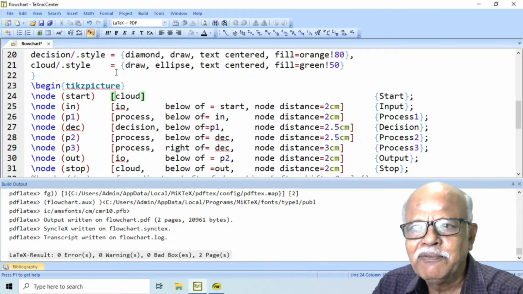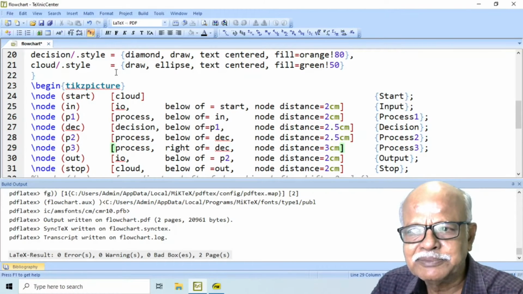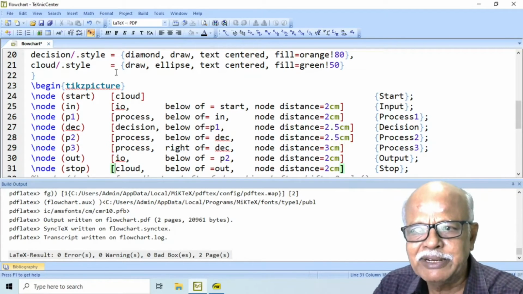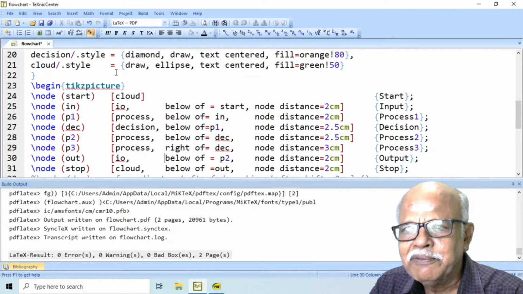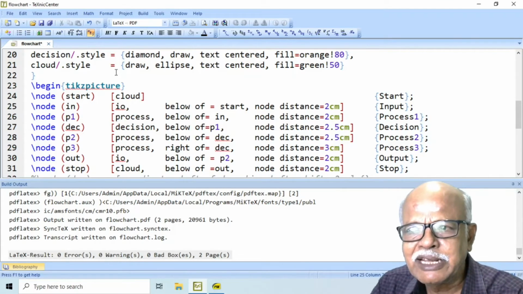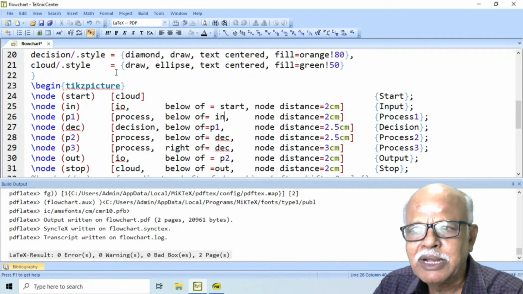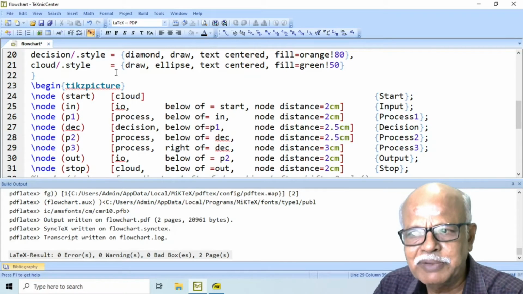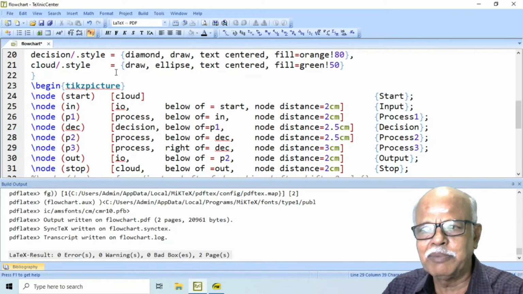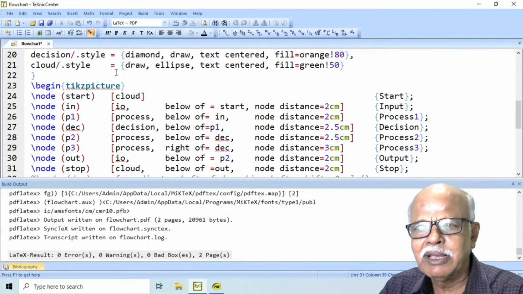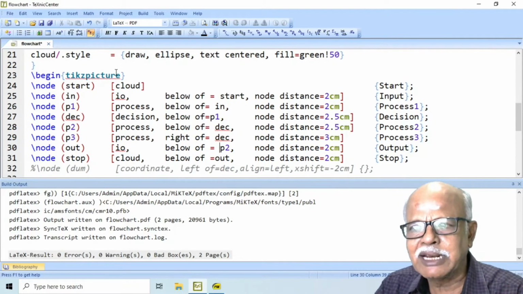Then, with the different styles that we have already predefined, we refer to the position: below of, not simply below of equal to start, the start block, and then below of in, below of P1, below of the decision block, right of the decision block, below of the P2 block, and so on.